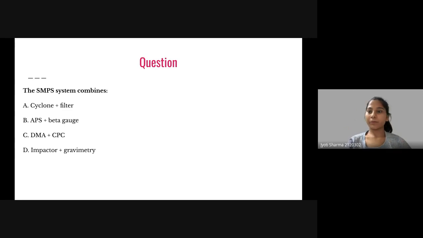We already have talked about these things. Okay, Lakshmi gave me the C answer, that is DMA plus CPC. Yes, you are right. Can you tell me the full form of SMPS? We already have talked about DMA and CPC. But what is SMPS?